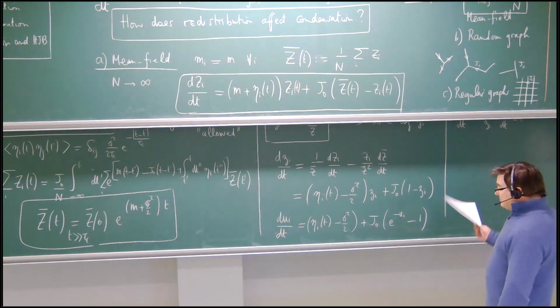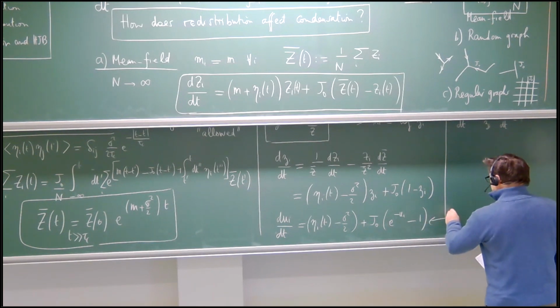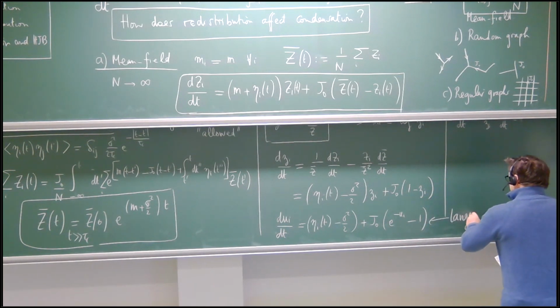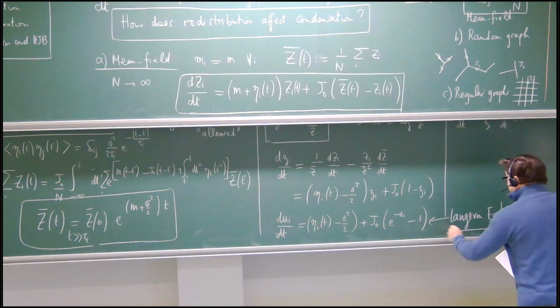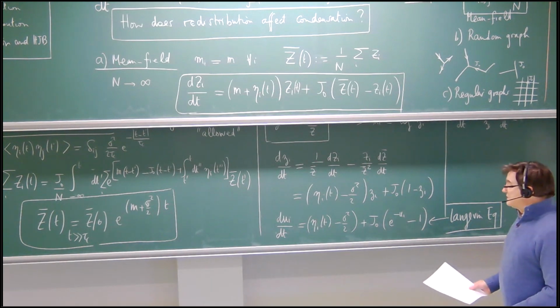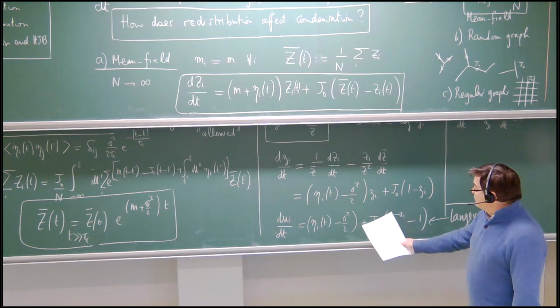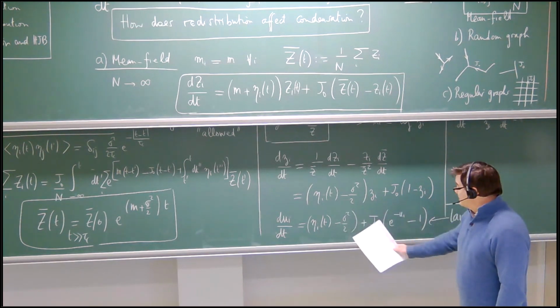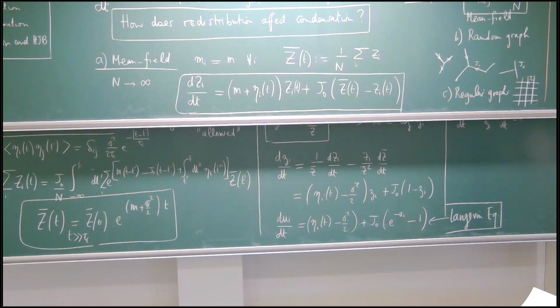And now I'm happy because this is a standard Langevin equation. And we know everything about Langevin equations. So this describes the motion of a fictitious particle driven by a certain force. The deterministic part of this equation is usually called a force term.